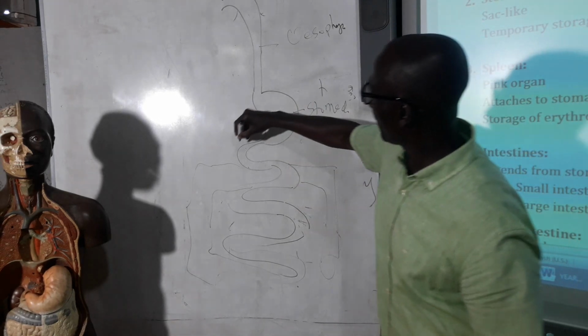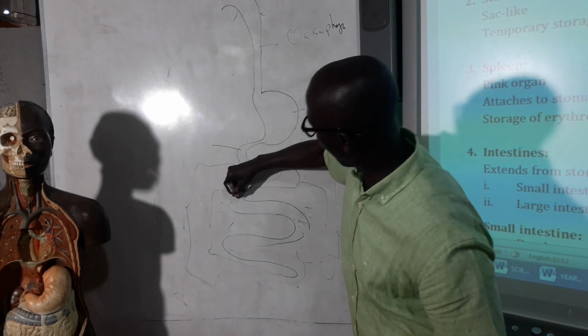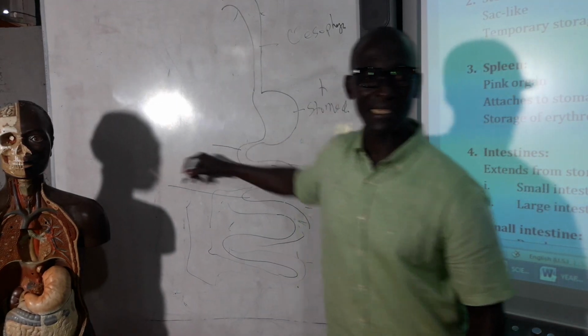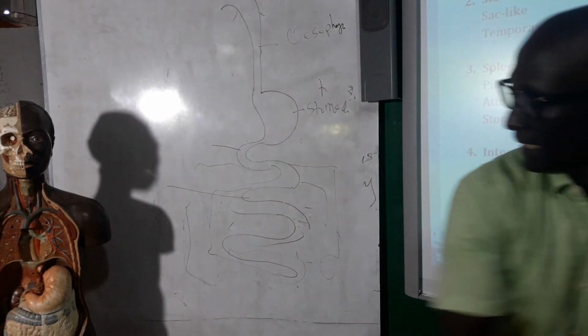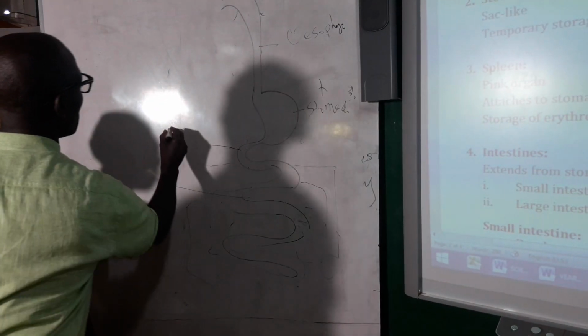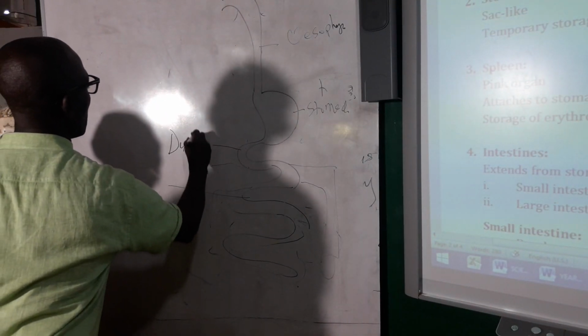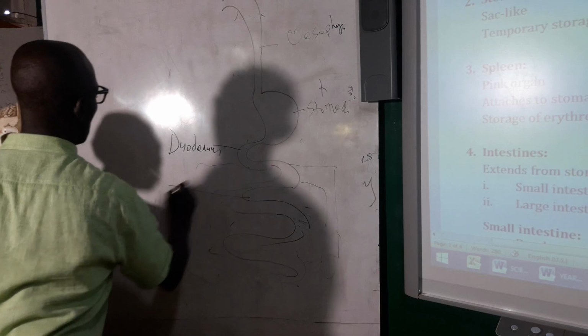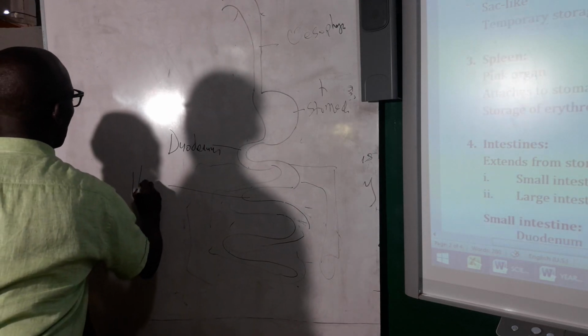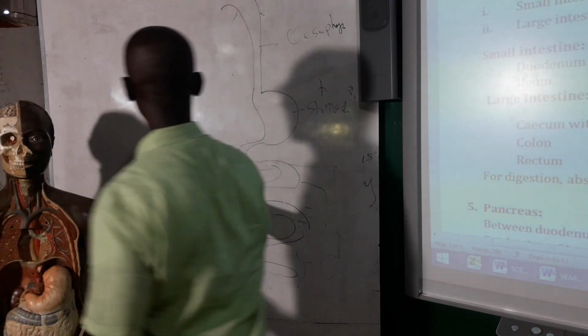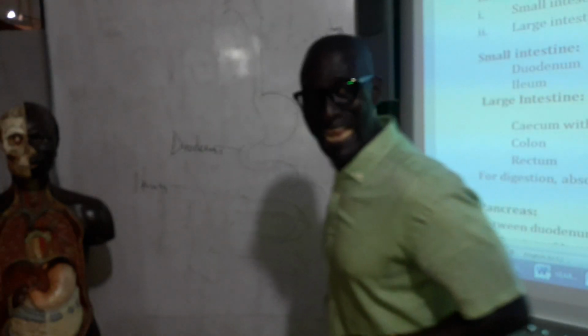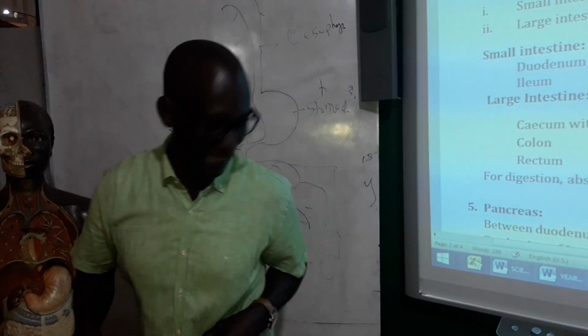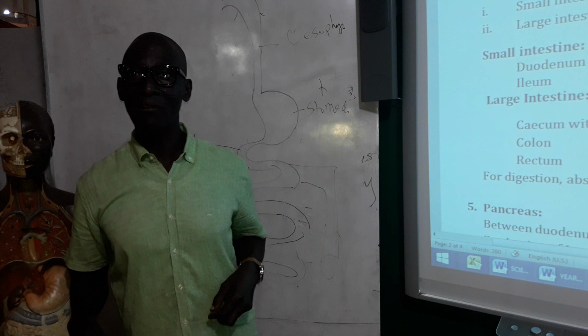And then we have this and then that as the small intestine. Specifically, this is called the duodenum. And then we have the ileum as the second part of the small intestines.